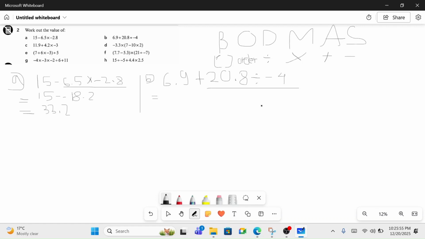So write it on your notebook. Should get an answer of around minus 5.2. Now just subtract.